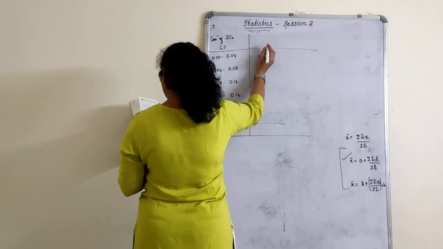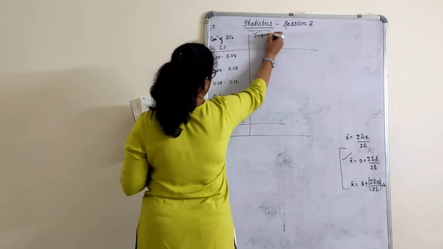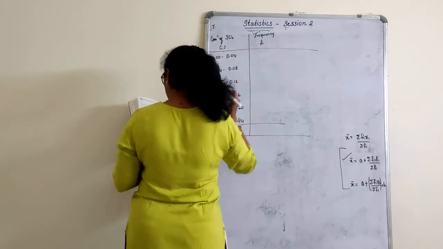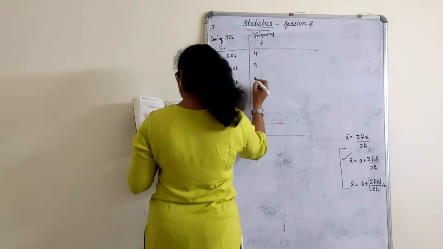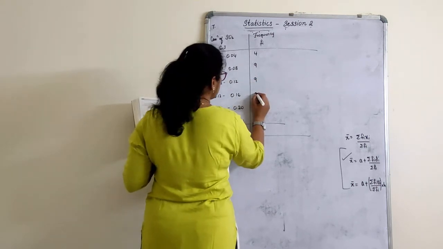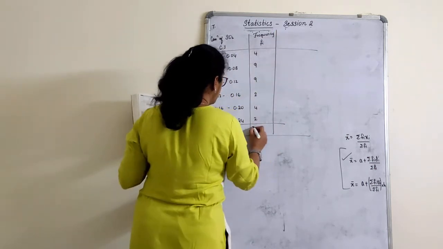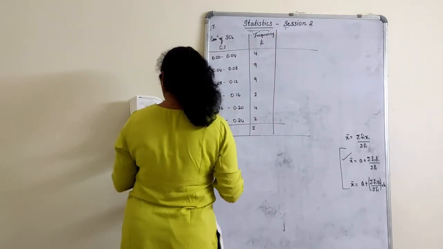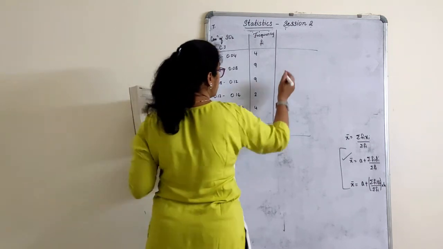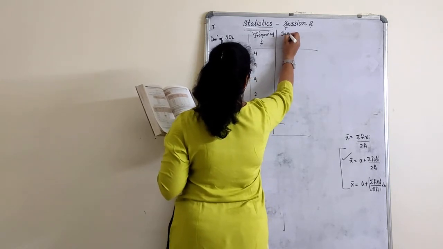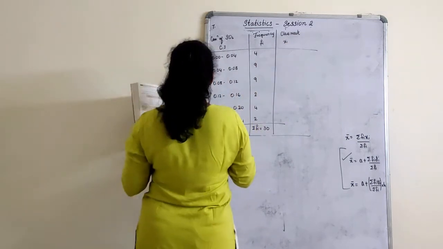Next, what you have is frequency. Frequency is 4, 9, 9, 2, 4, 2. After frequency, total is given as how much? 30 localities, it's already given. The total is equal to 30. You add, and this has to come to 30. Class mark, the most common thing we always write, that is xi.